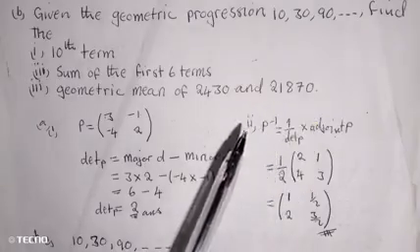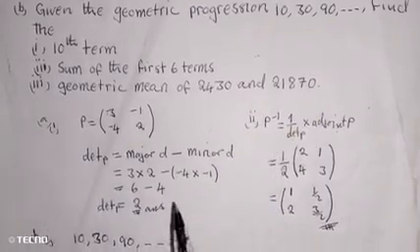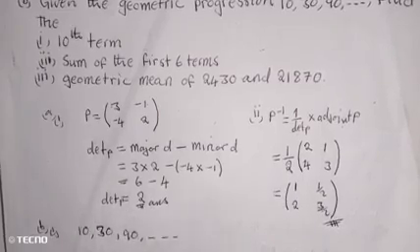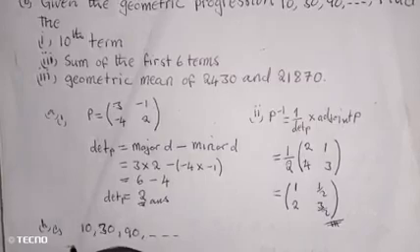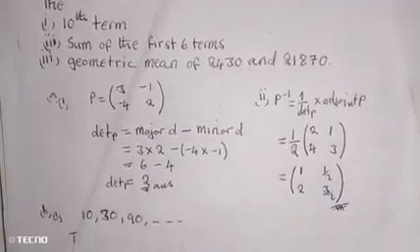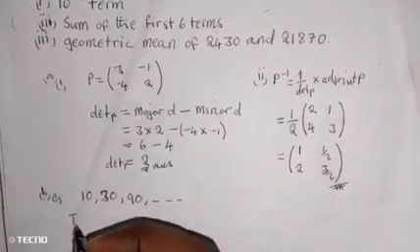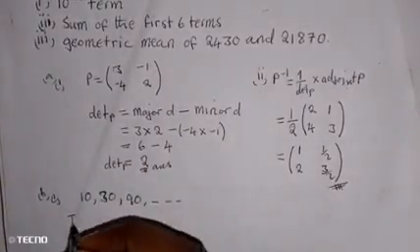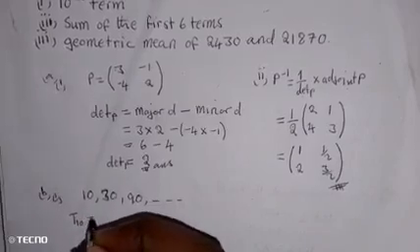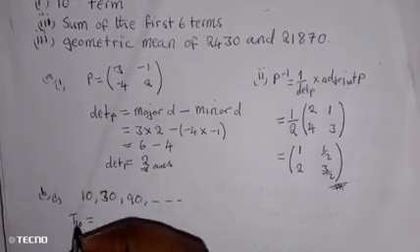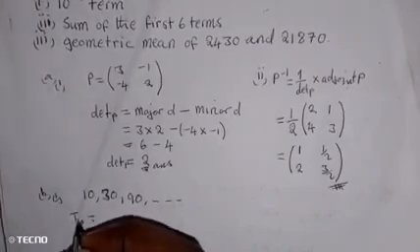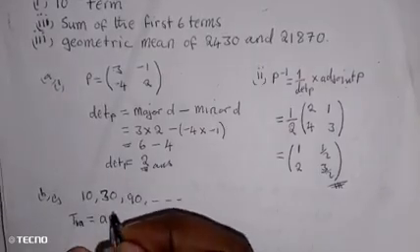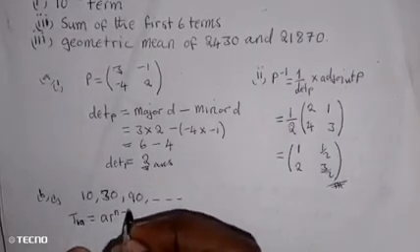So for us to find the 10th term, the formula that we are going to use is T n is equal to a r to the power n minus 1.